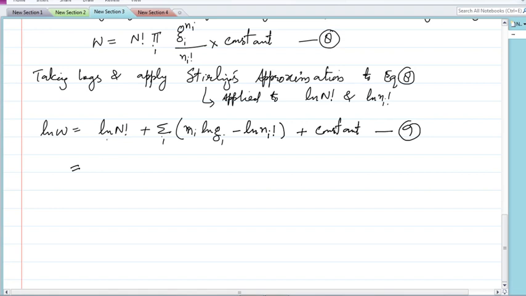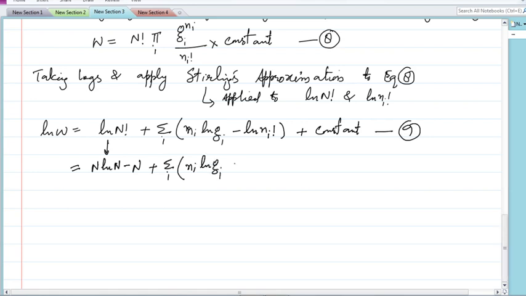Applying Stirling approximation first to this one, it will be n ln of n minus n plus summation i. We will write summation outside for both the terms and first solve these two with Stirling approximation. That means it will be the same here, ln of gi.